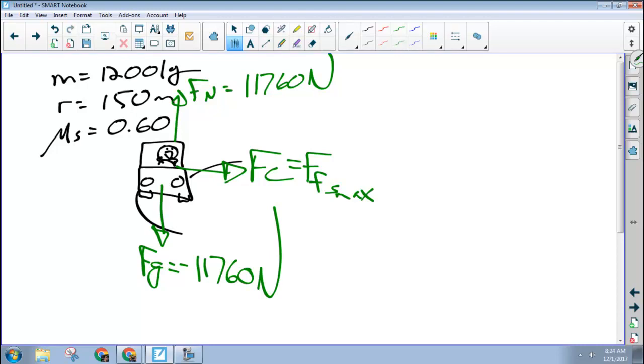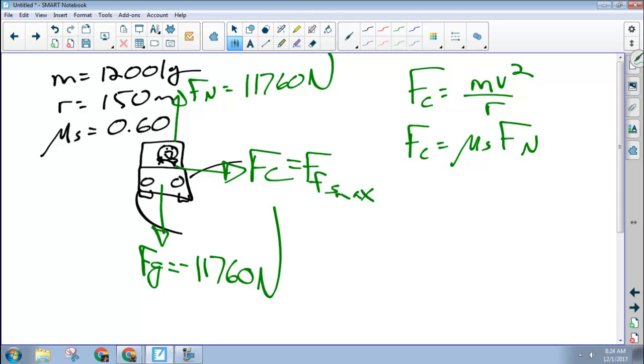So I now have, this is exactly what I was talking about at the beginning of class yesterday. We now have two equations to find our centripetal force. We can do mv squared over r, and we can do coefficient of static friction times normal force, right? So let me pause there for a minute. Does this make sense?